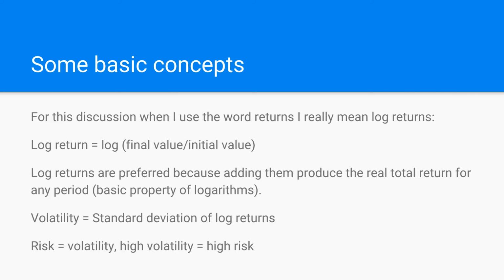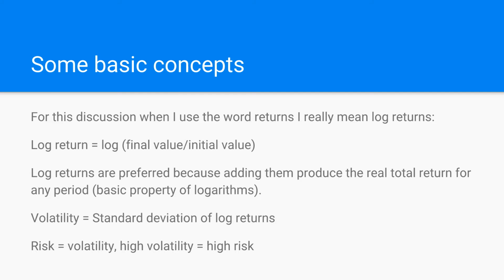So when we have an asset that is very volatile, like for instance Bitcoin, like the crazy stuff going on with cryptocurrencies, Bitcoin is very volatile. If you compute the standard deviation of log returns for Bitcoin, you will get a gigantic value of volatility, which implies that Bitcoin is a very risky product.